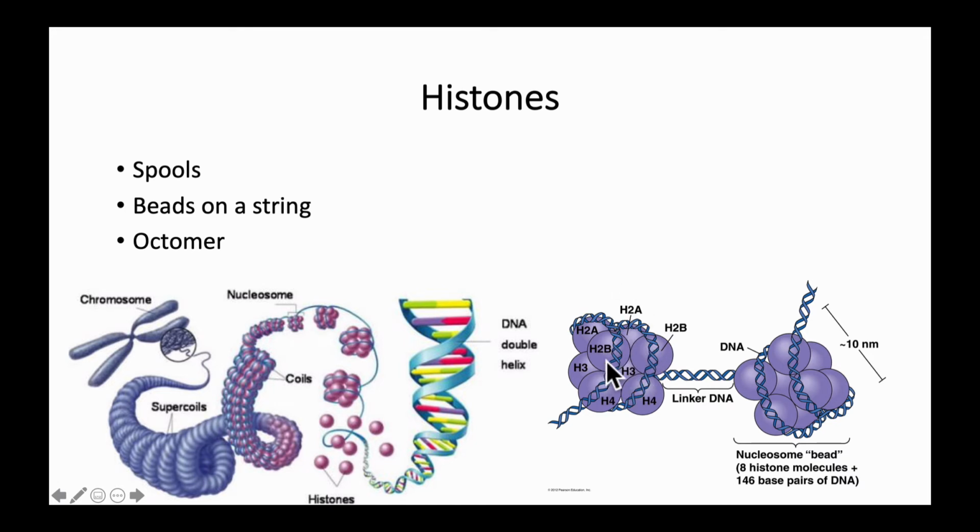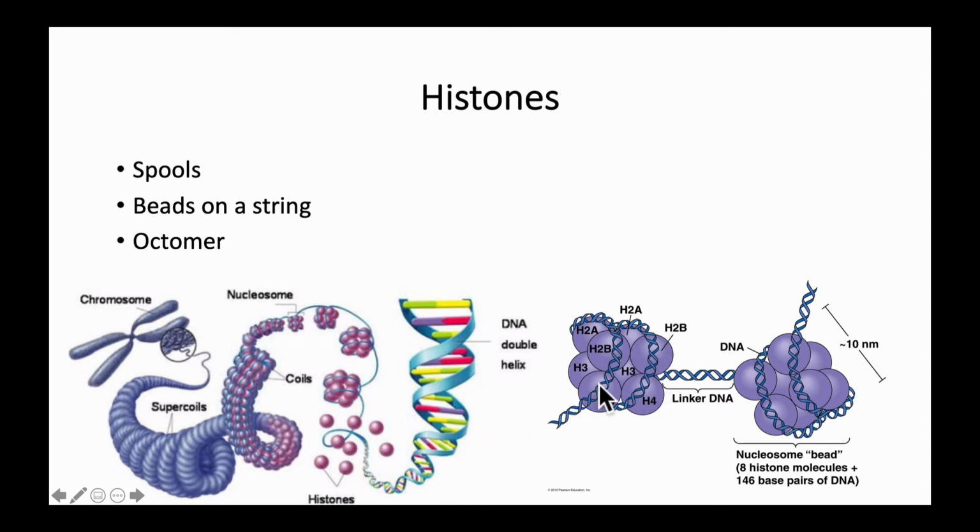If you were to count the number of proteins, we're going to be talking about these histone proteins a little bit, but we have about 8 of these over here. So 1, 2, 3, 4, 5, 6, 7, 8. This is why it's called an octamer. When you look at this chromatin, you find it wrapped around, and notice there are 2 wrappings. It loops around this twice. We call this a nucleosome.